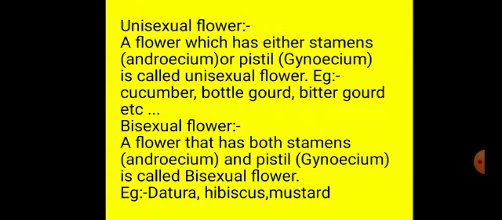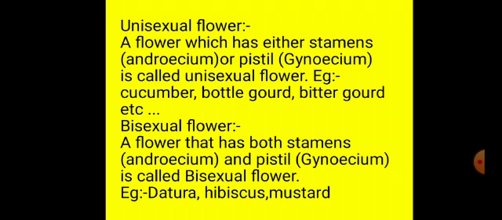Next, unisexual flower and bisexual flower. What is a unisexual flower? A flower which has either a stamen or a pistil, either androecium or gynoecium, is called a unisexual flower.